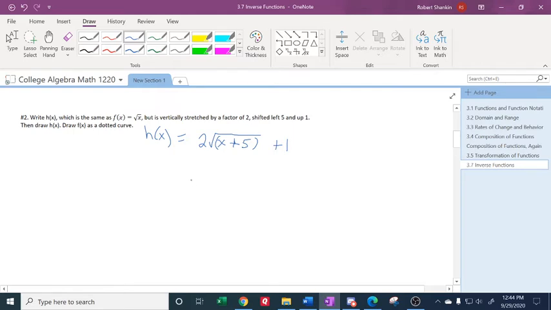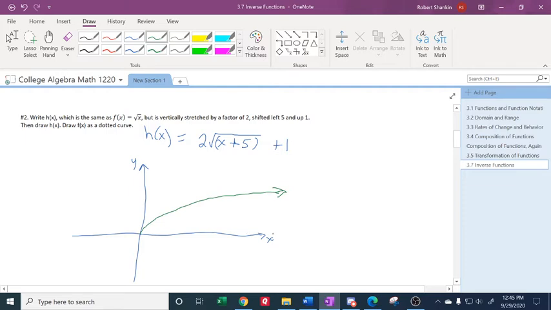Now, when we draw this, I'm going to draw f of x. It's the upper half of a sideways parabola. As x gets bigger and bigger, you move out, you go up, but you don't go up at a 45-degree angle.